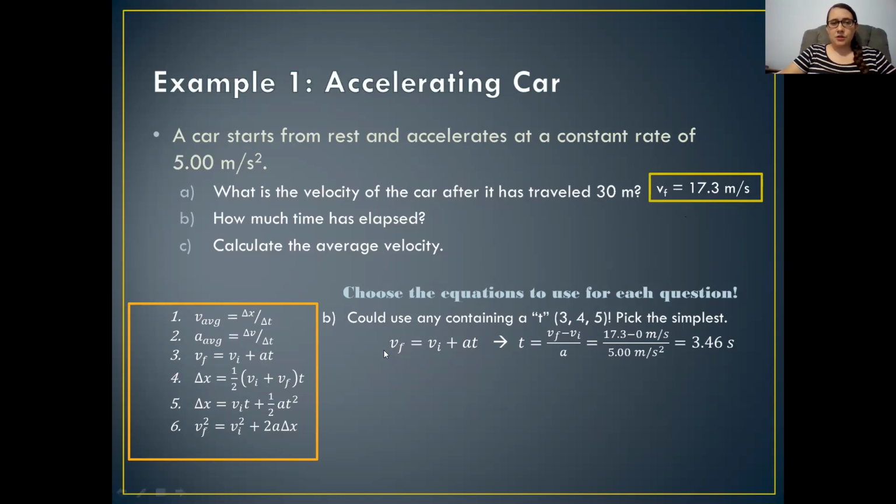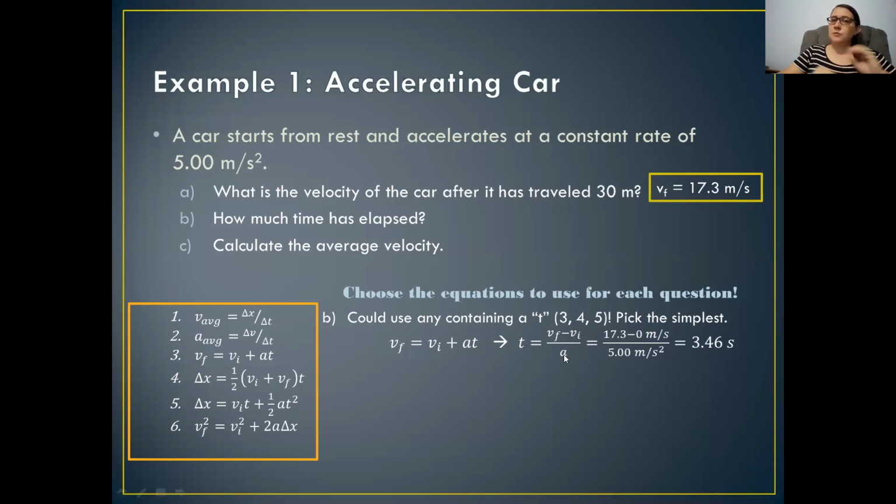So I took this equation and I rearranged it to solve for t, since that's the variable that we're looking for. So when we do that, we get t equals final velocity minus initial velocity divided by acceleration.